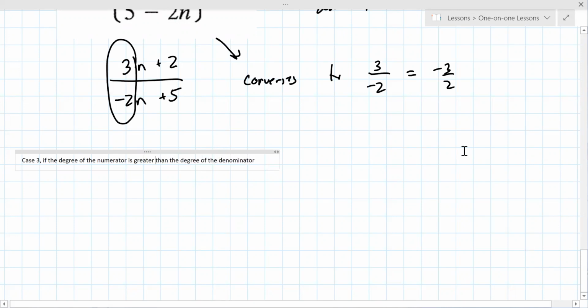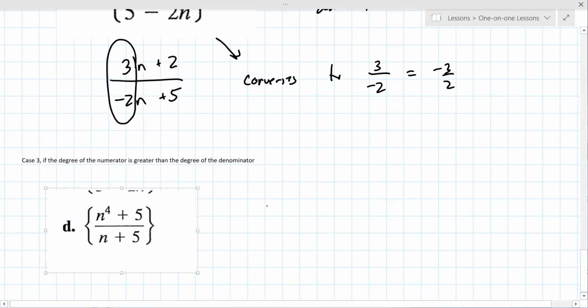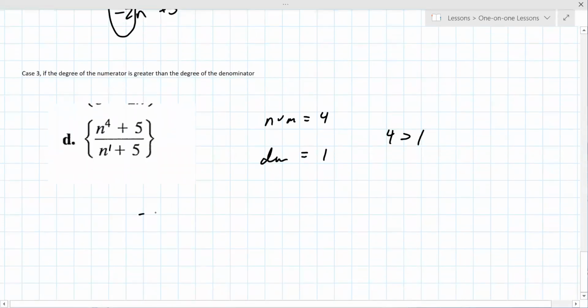That's what's happening in letter D. These always go to either positive or negative infinity. The numerator has degree 4 and the denominator has degree 1. 4 is greater than 1, so this goes to plus or minus infinity.